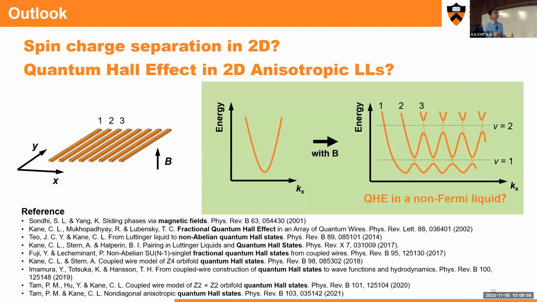It's really exciting if we can construct such a one-dimensional Luttinger liquid. And if we apply magnetic field, it shifts the K-space a little bit. If we hybridize, can we create a new quantum Hall effect or the quantum oscillation based on such a non-Fermi liquid? That's a question, and that's also something that I'm really interested to investigate in the future.